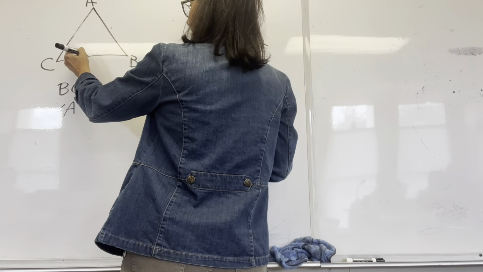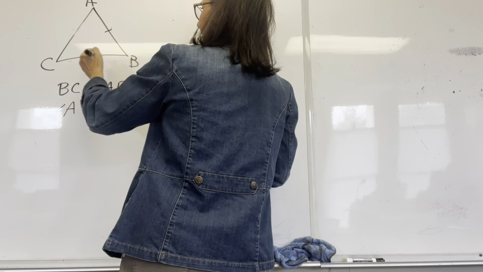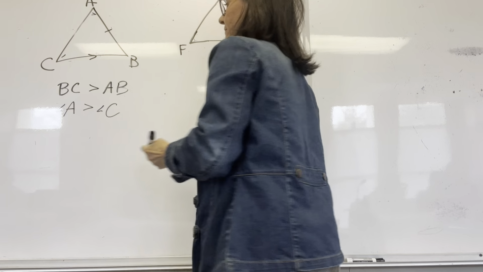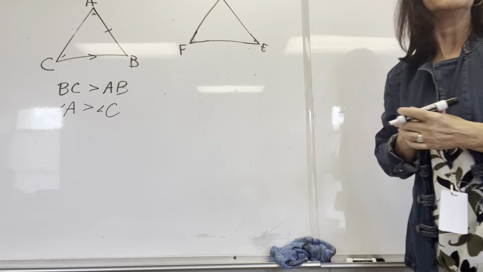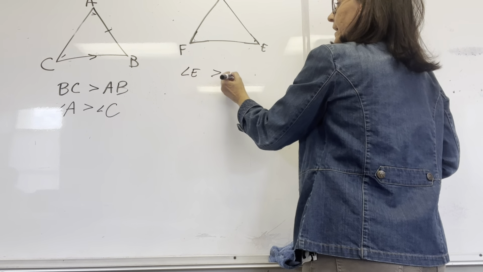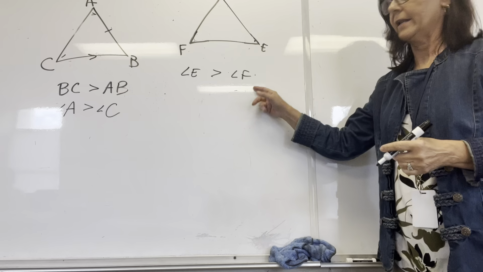So if this side is greater than that one, then this angle is greater than that one. Got it? Now what if I tell you angle E is greater than angle F? All right, Lily, what can we know?